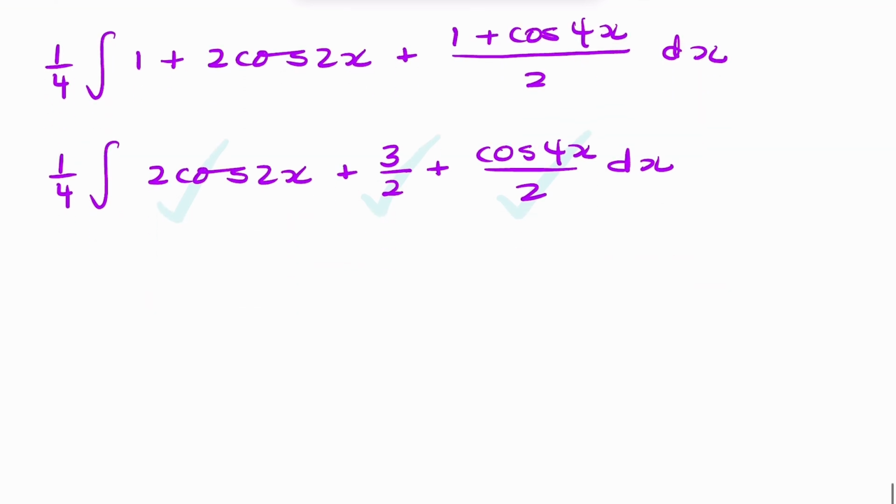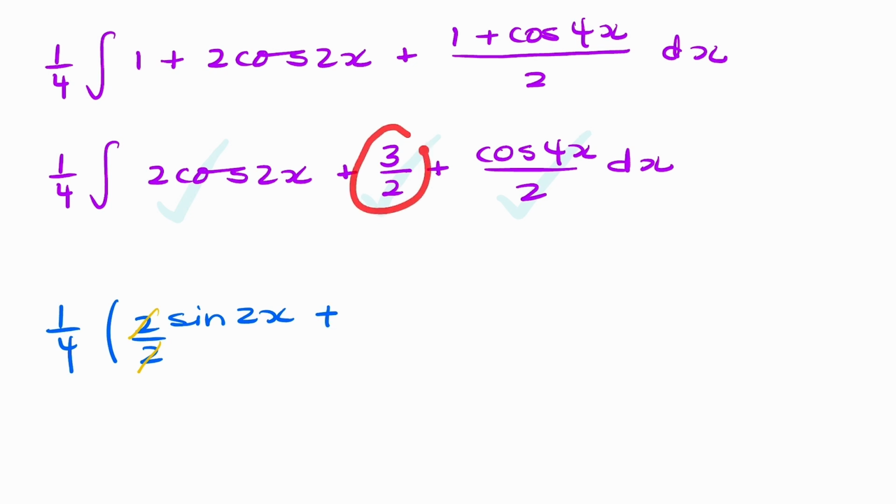So I'm going to integrate each of these. So I have 1 over 4 multiplied by. The integral of cosine is sine, but then you divide by 2. Because you already have a 2, it just cancels. So it's 2 sine 2x divided by 2. The integral of a constant is simply the constant times x.